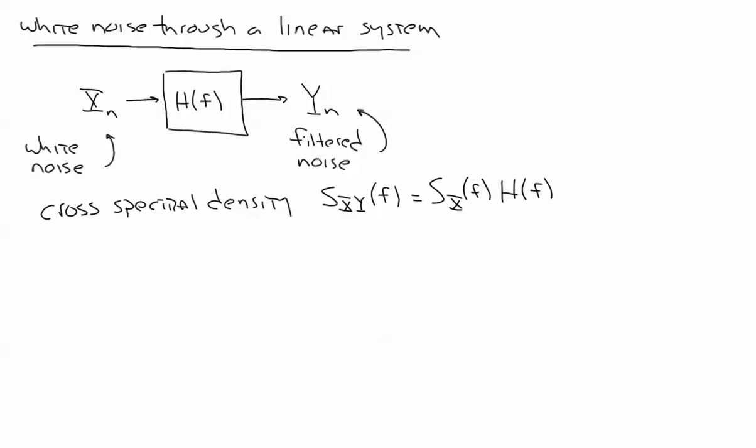This is a relationship that we've seen before. The cross-spectral density of the input to the output equals the input power spectral density times the transfer function.